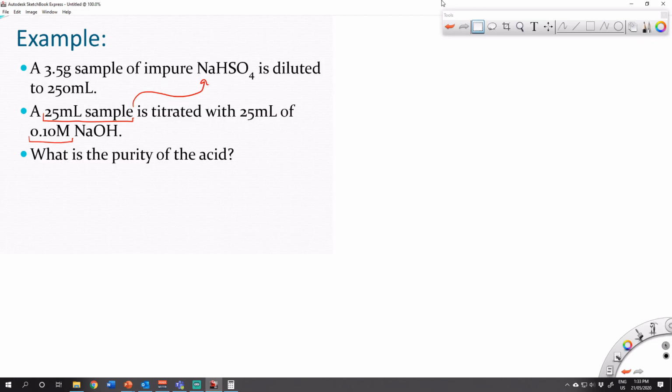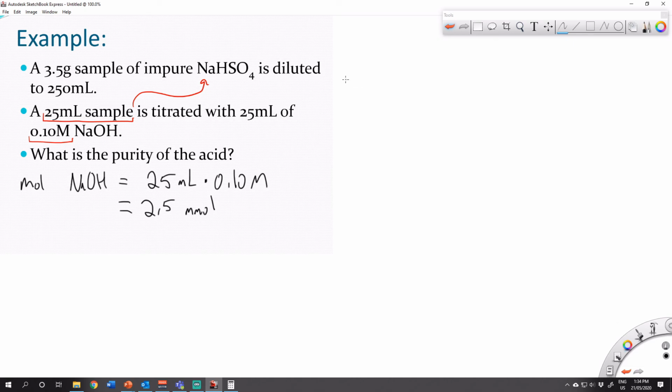So much like with the previous problems, our first step is to calculate how many moles of sodium hydroxide we ended up using. 25 milliliters times 0.10 molar gives us 2.5 millimoles of NaOH used.